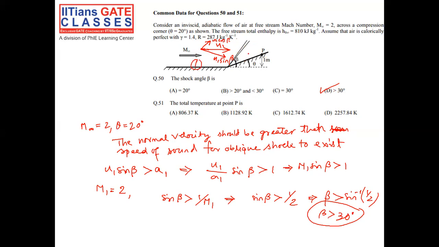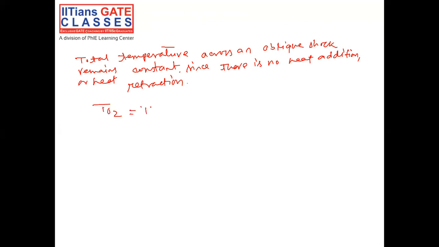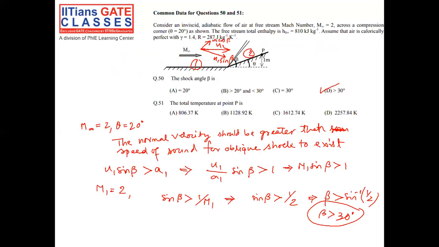So if the upstream part is 1 and the downstream part is denoted by 2, then TO2 will be equal to TO1, that is, the total temperature downstream of the oblique shock will remain the same as upstream of the oblique shock.